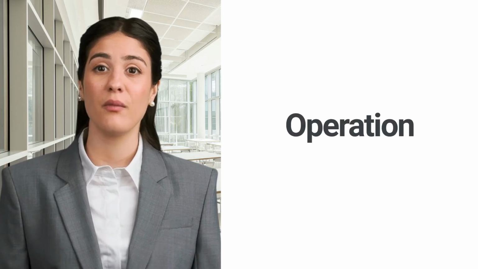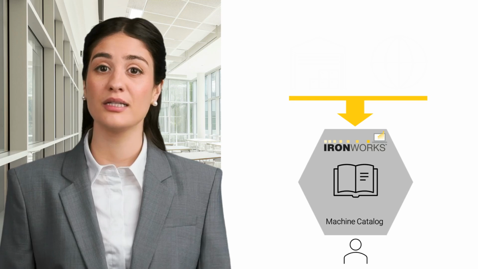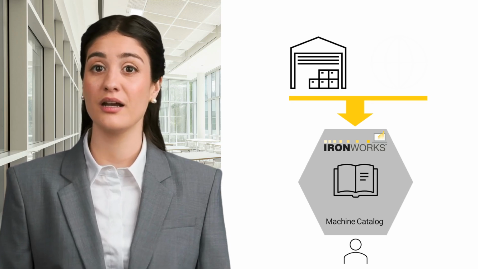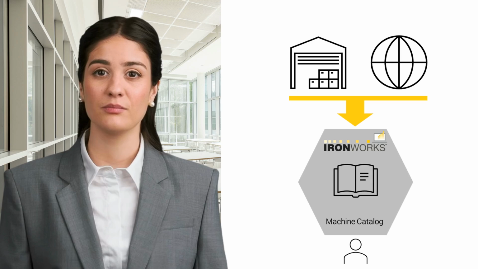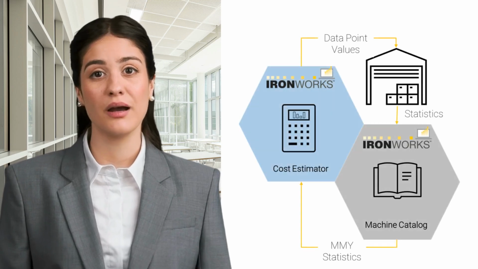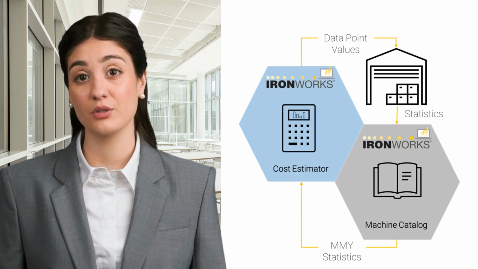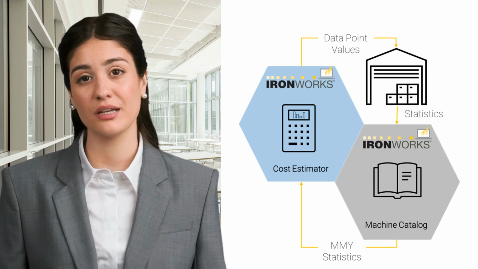Next, let's review how IMC operates. IMC provides data from 2 sources: the Ironworks Data Warehouse and publicly available websites on the internet. The data warehouse collects de-identified machine data point values from ICE, produces statistics about those values, and reports those statistics to the machine catalog.